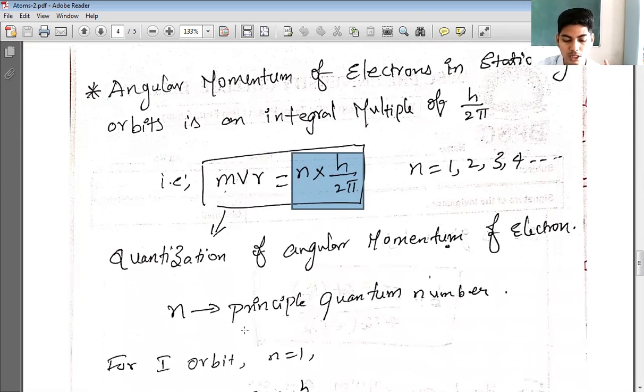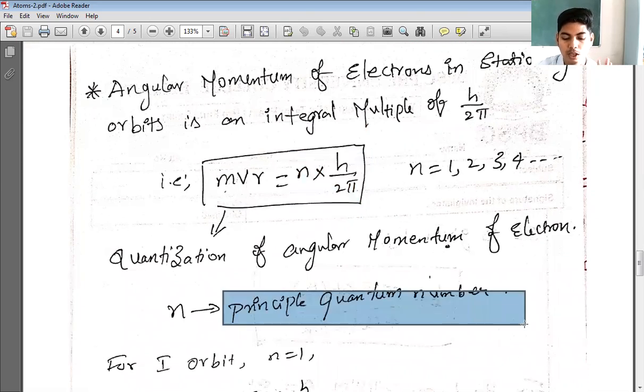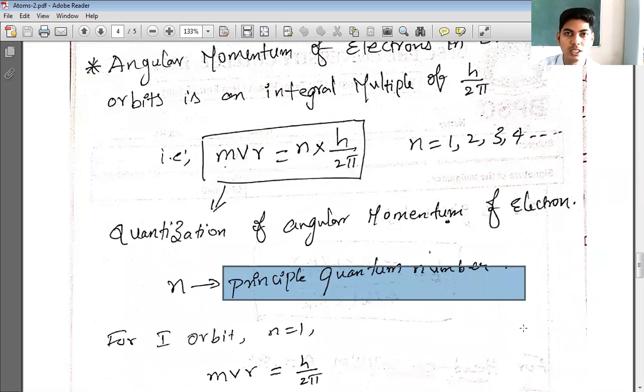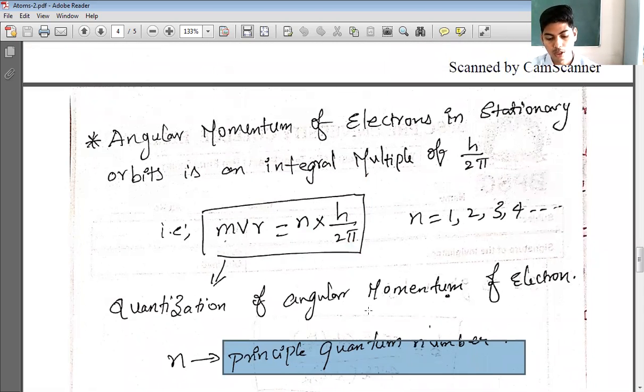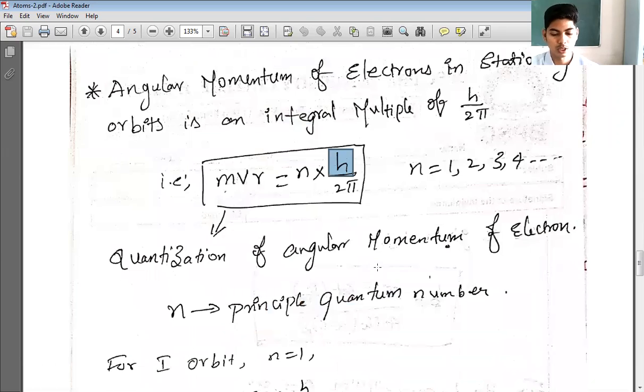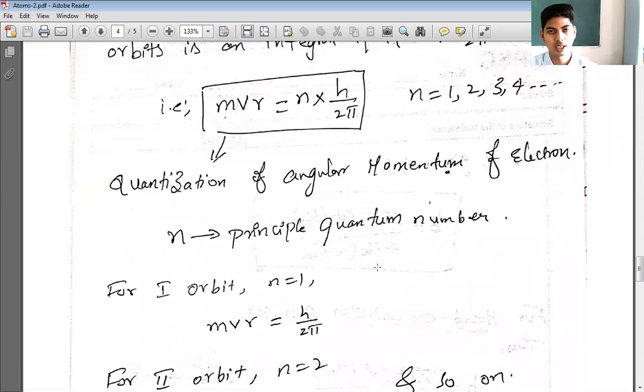Actually, n represents the principal quantum number, and we know principal quantum numbers are integers, starting from 1 and going to infinity. Principal quantum number cannot take the value zero, so n should start from 1. So the angular momentum of an electron in a stationary orbit is an integral multiple of h by 2π, where h is Planck's constant. So this is the second postulate.